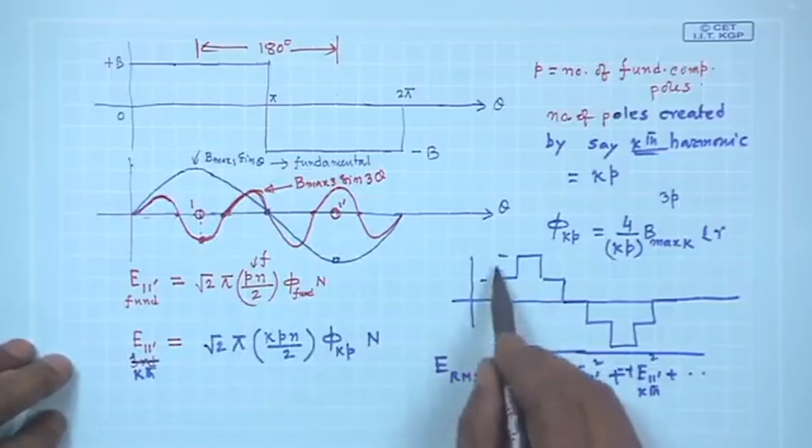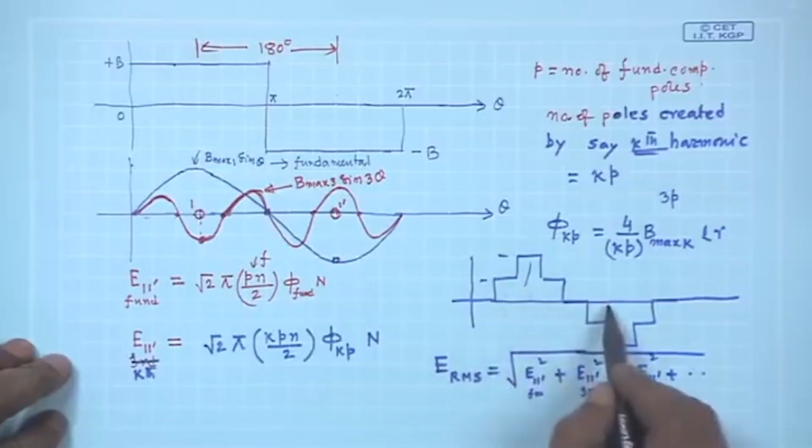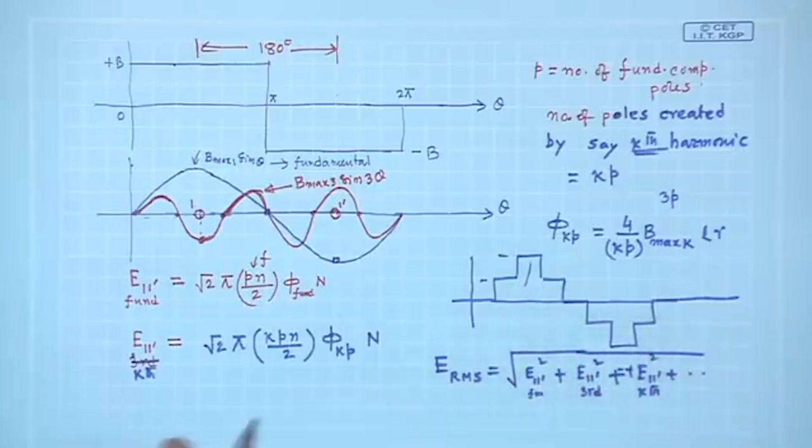If you know the B waveform and calculate the RMS of this square wave, you will get that.